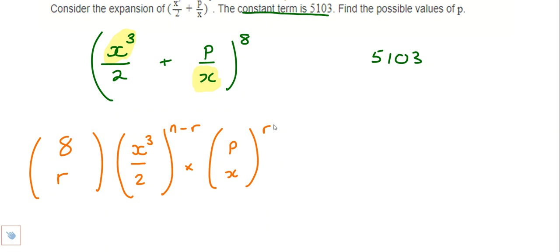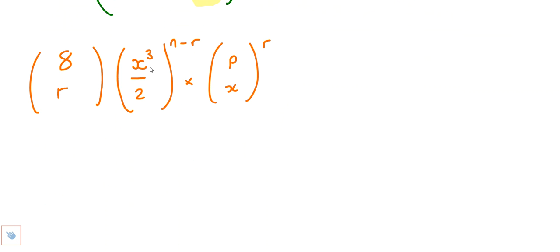Right, so I'm trying to give you, for those people that are not quite getting it, another, maybe an algebraic, method. Right, so what do I do then? So when I do this expansion, I'm going to have x to the power of 3 times n minus r over 2 to the power of n minus r.